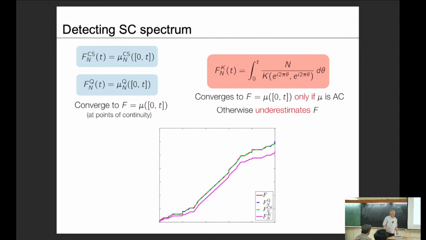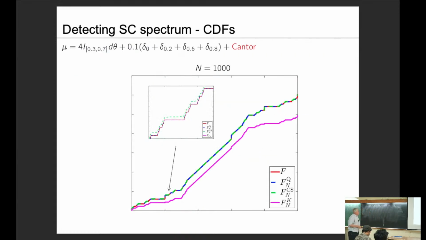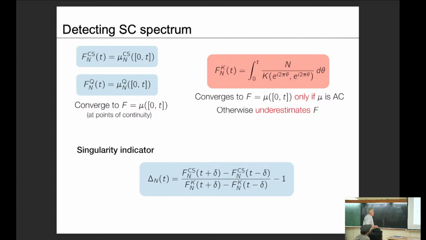So if you take the distribution function of the respective contributions to the measure, you see there is something missing, and that's an indication that there exists a singular continuous part in the spectrum. Quite clear in this experiment. And there is a singularity indicator. I'll give you references in the end. And this precisely detects pointwisely where there is the support of the singular continuous part.